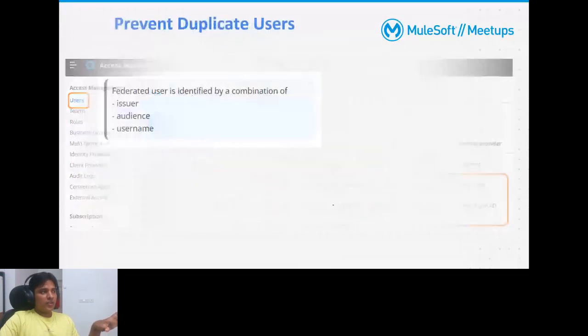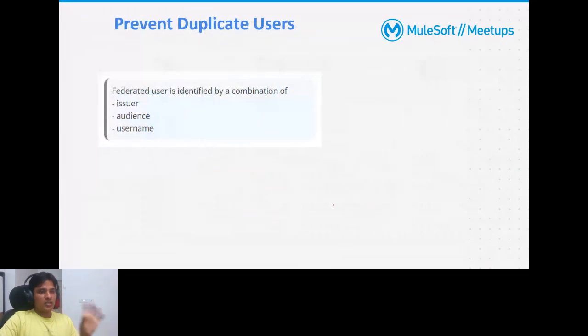So, from one SSO to another SSO, your user will be identified in Anypoint platform with a combination of three things: issuer ID, audience URL, and username. If these three things are the same, then only one user will be created. If any value differs, then a new user will be created.